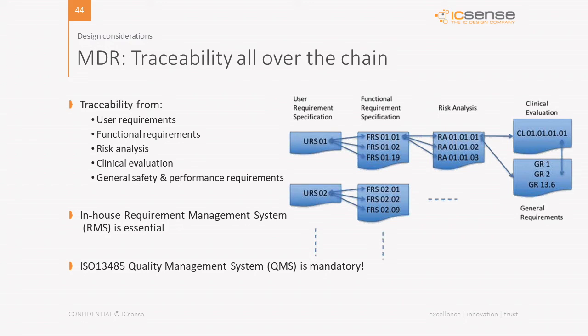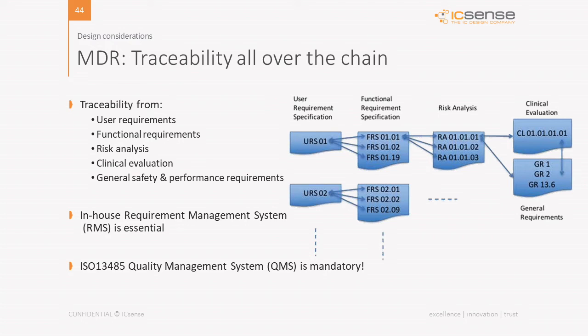A clear structure throughout the technical documentation is helpful to ensure that the reviewing body can clearly understand all the content. Therefore, it's very important for the manufacturer to maintain traceability at all levels: the user requirements level, but also the functional requirements, the risk analysis, the clinical evaluations, and general safety and performance requirements, and vice versa.